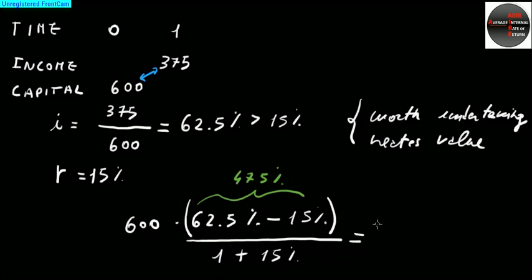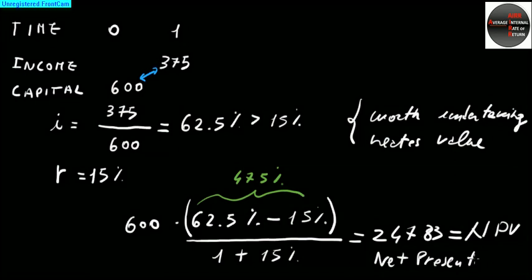This makes $247.83. Now this is called the net present value. The acronym NPV is often used.